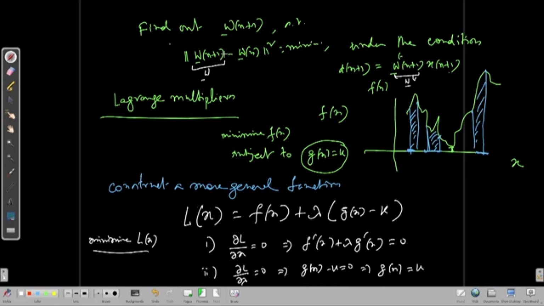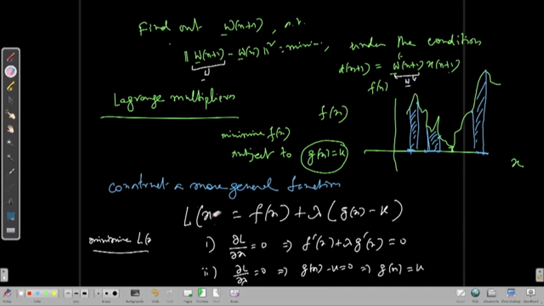That means I will construct a more generalized function L w here. W's are the unknown. Here it was x, a single parameter, L x. You have got now w as a vector of so many coefficients, in general, say capital N coefficients. So L will be a function of w, and I should generalize, I should write it more correctly.